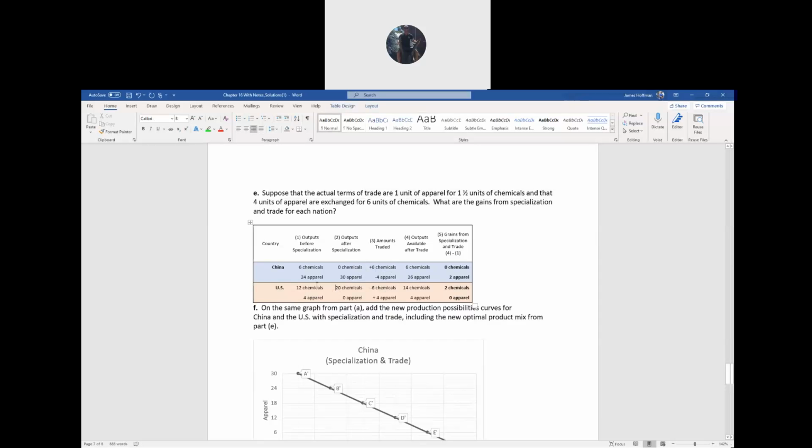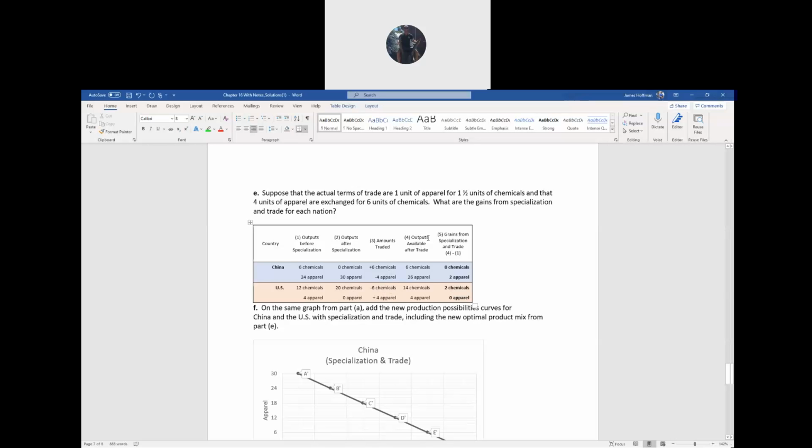After specialization, the U.S. has no apparel, so they need to gain apparel and give up chemicals. They're going to get 4 apparel and give up 6 chemicals. In column 3 we're just showing the trade. The U.S. sends 6 chemicals to China, and China sends 4 apparel to the U.S. So there's the trade in terms of accounting.